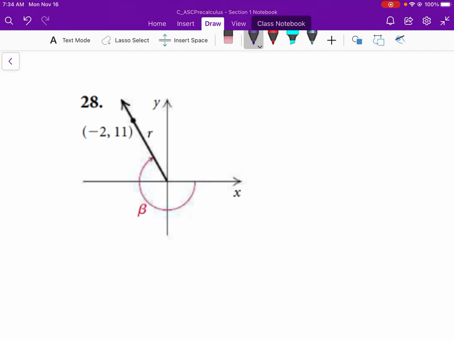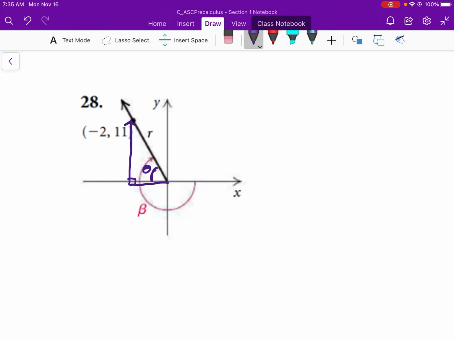Okay, so here's beta. All right, so remember we always worry about this angle right here. This is the angle that we care about. Okay, so that's going to be my theta. I'm going to draw, let me get that a little bit smaller. This is my theta, because I always measure with the x-axis.